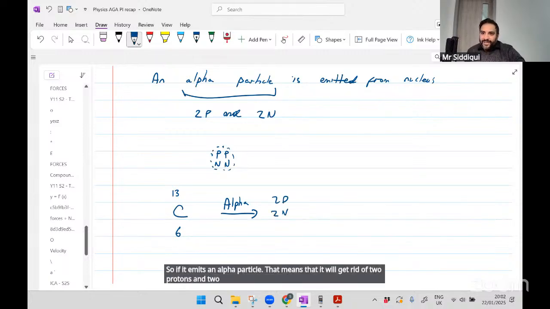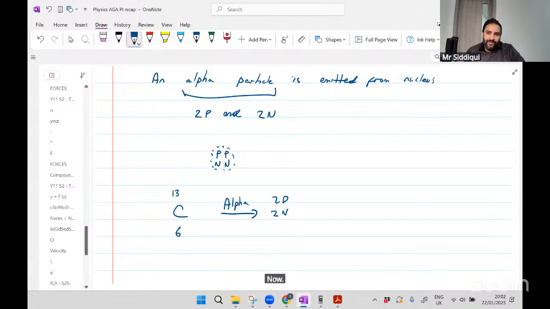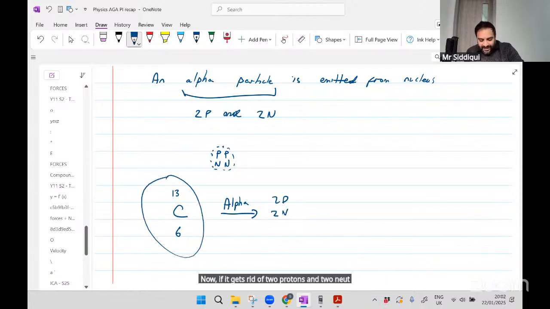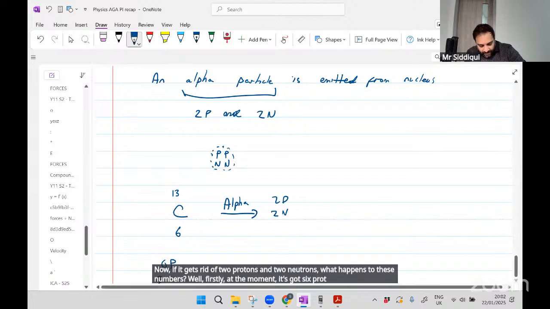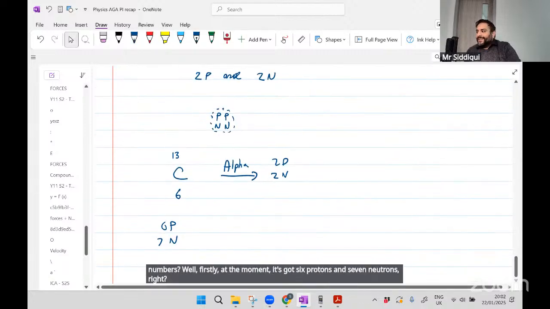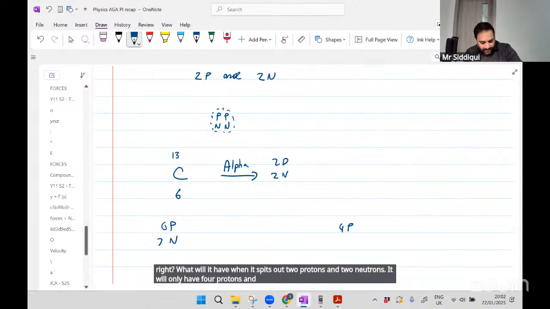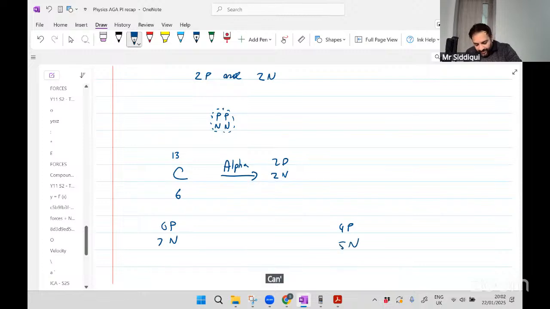Now, if it gets rid of two protons and two neutrons, what happens to these numbers? Well, firstly, at the moment, it's got 6 protons and 7 neutrons. What will it have when it spits out two protons and two neutrons? It will only have 4 protons and, can't do the maths, 5 neutrons.